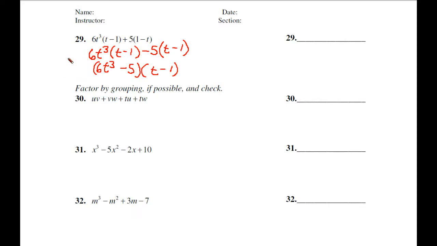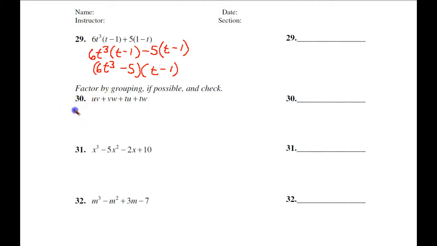All right, this introduces us to our next little part here, which is called factoring by grouping. So we look at our expression, and we see that in this one, there is a common v.